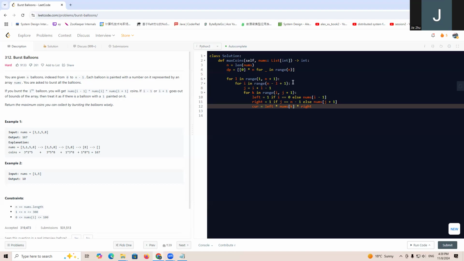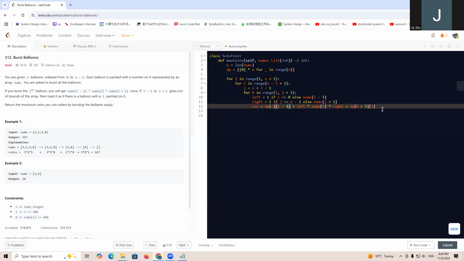Because dp[i][k - 1] plus left plus dp[k + 1][j]. If k minus one is smaller than i, in Python I think this is zero.